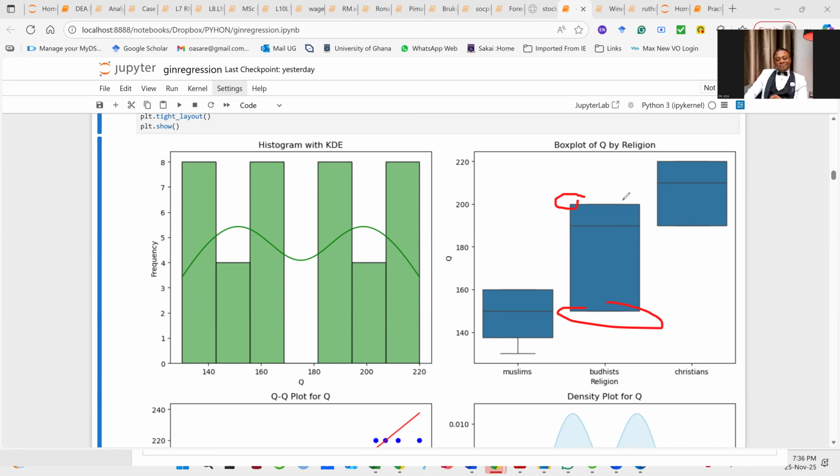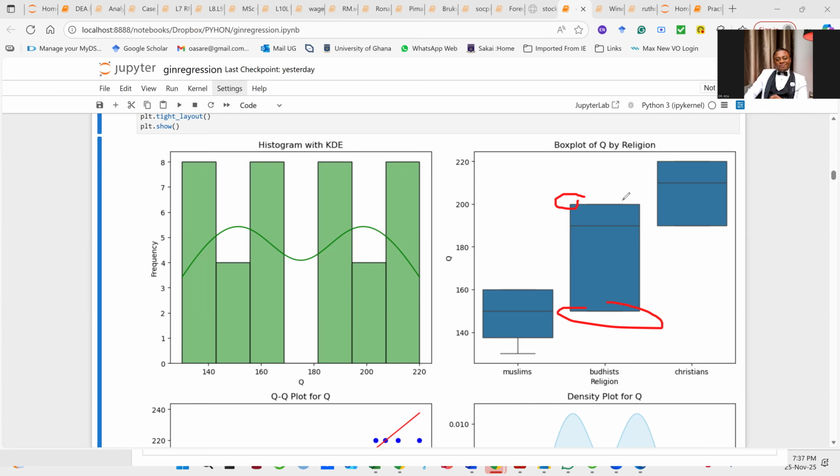Now, if you look at each of the boxes, it is the Muslims that have the median dividing the box evenly. The others do not. Which means that majority of them are actually consuming more alcohol. They are not consuming more alcohol compared to the Buddhists and the Muslims.